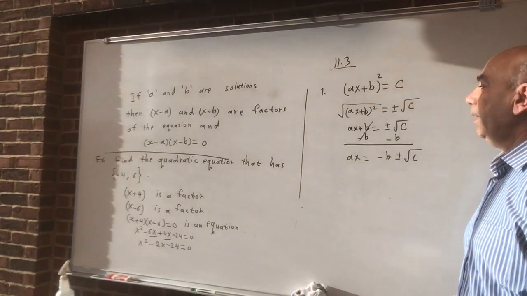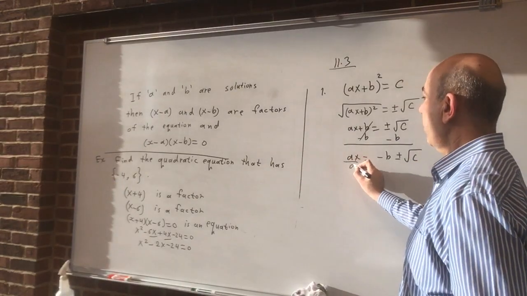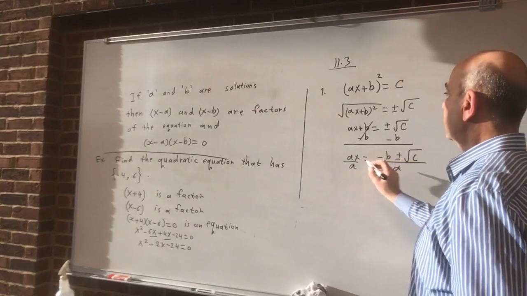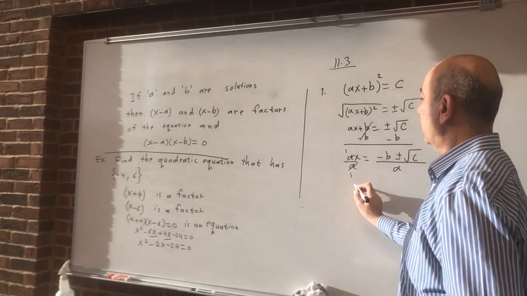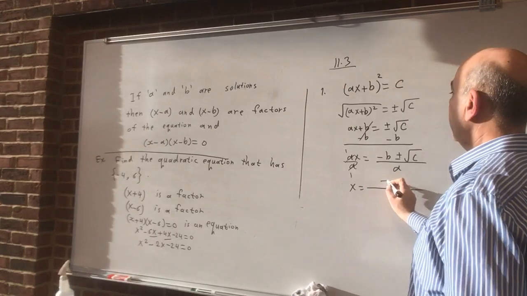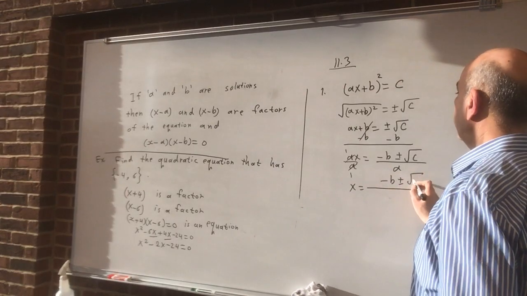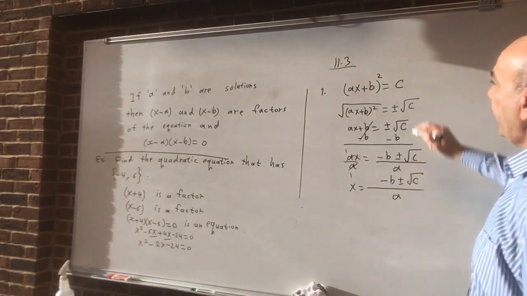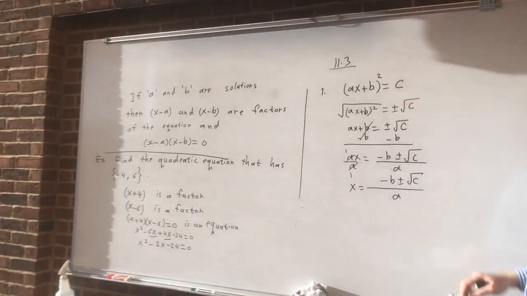Then divide by a, so we get x equal minus b plus minus root c over a. So if we have an equation like this, we solve it by the square root property.